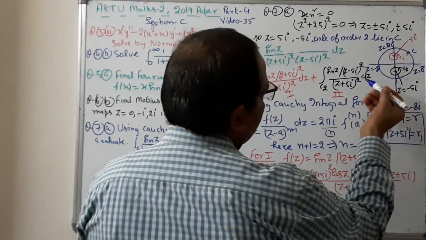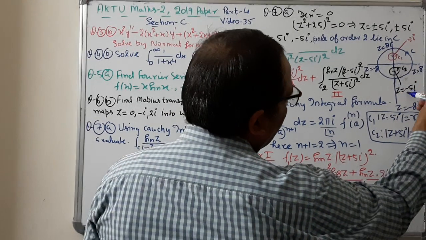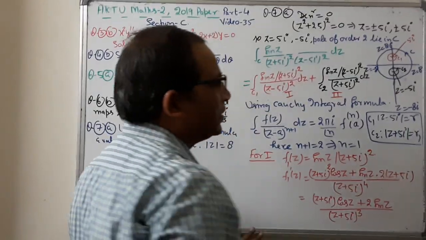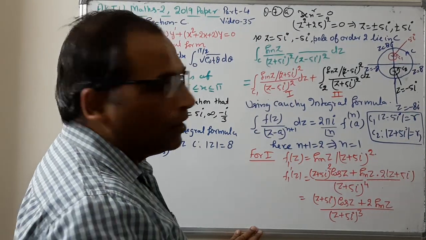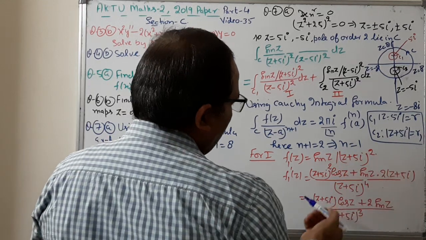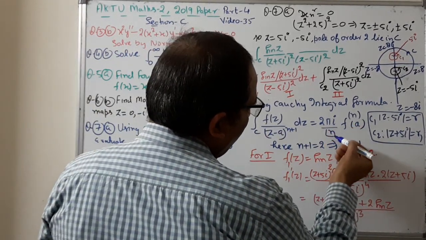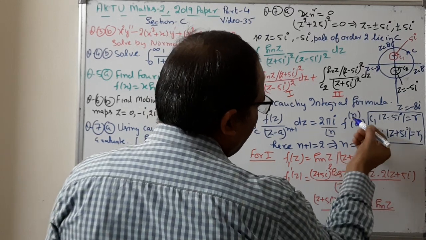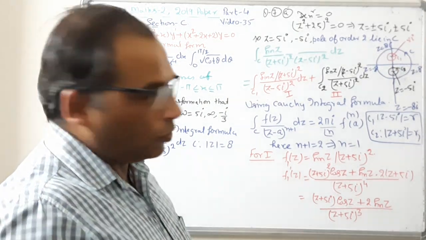Similarly, in the second integration, (z plus 5i) to the power 2 in the denominator, because here the singularity is minus 5i, and the rest, that means sin z upon (z minus 5i) to the power 2, in the numerator. So in this Cauchy integration formula, if we put n equal to 1, we get this integration equal to 2 pi i upon factorial 1 times the first derivative of f(z), and put z equal to a.